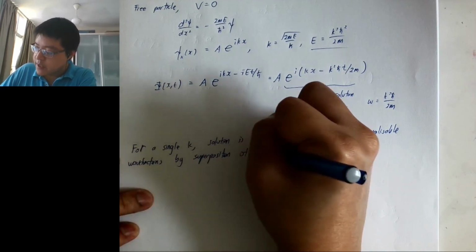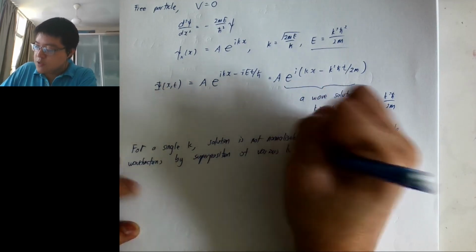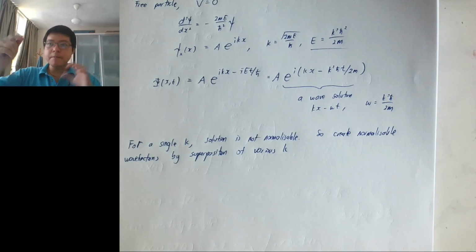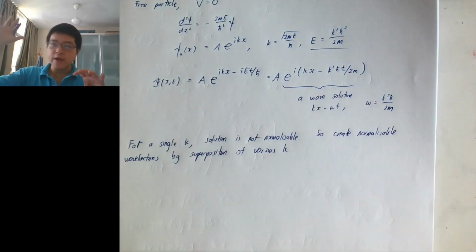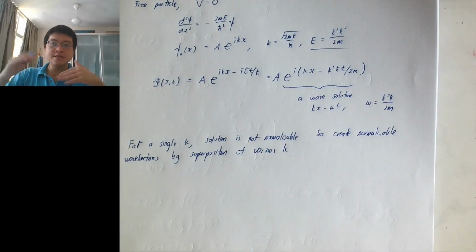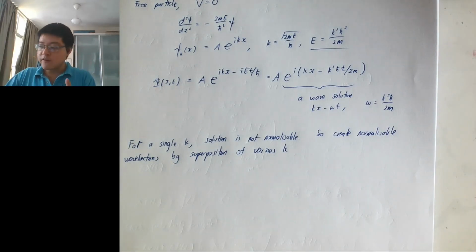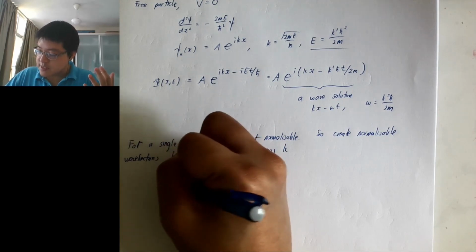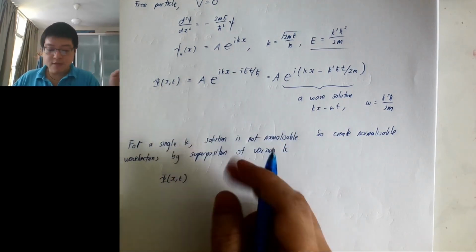Superposition means you add up a few functions, and then how much of this function you add to how much of other functions. What is the recipe? What is the ratio, the proportion, of all the functions that you add? Those are the coefficients. For discrete states, you sum, but here it is continuous.